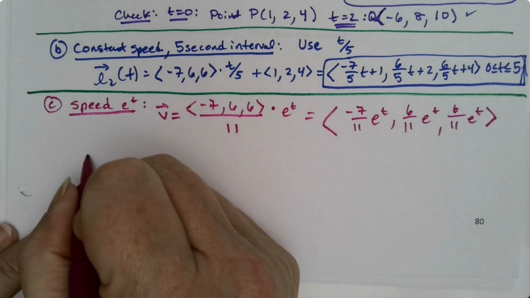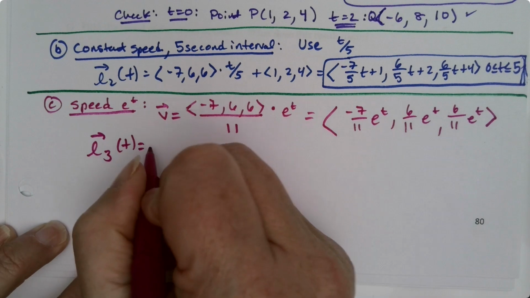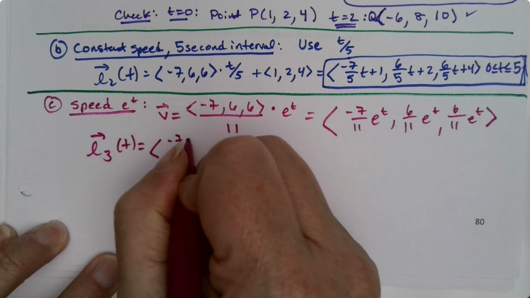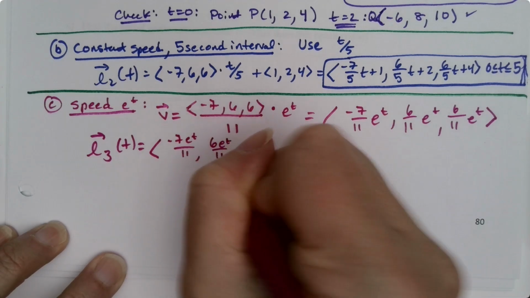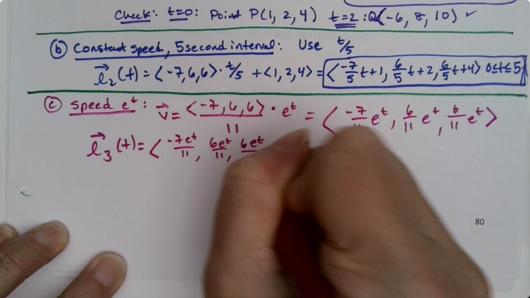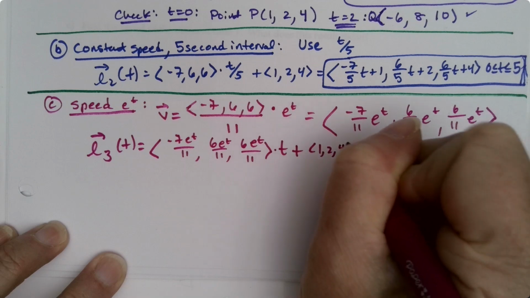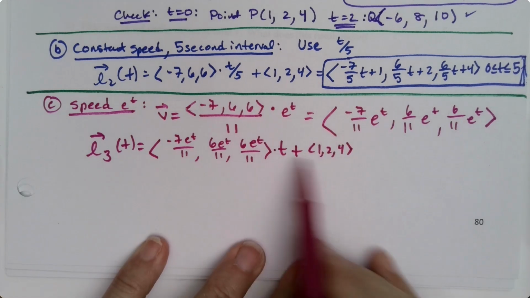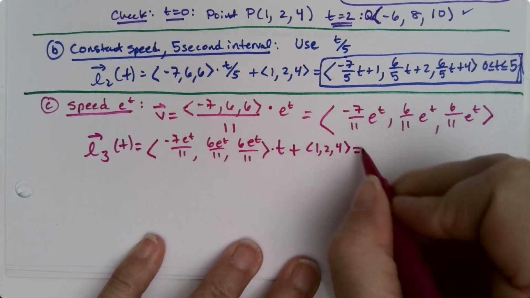All right, so L3 of t is equal to that direction vector, so negative 7 e to the t over 11, 6 e to the t over 11, 6 e to the t over 11, times t, plus 1, 2, 4. Right? It's not changing the fact that it's a line and it goes through that point. It's just changing how fast it does it.